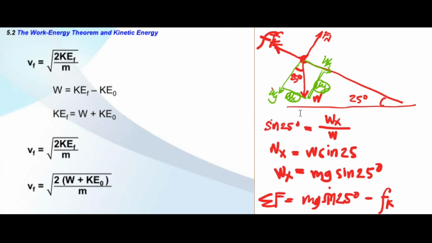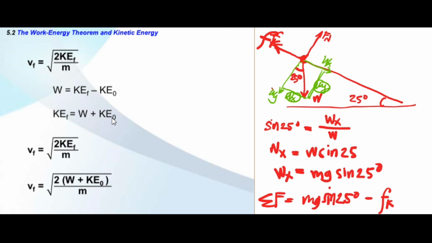Now, using our work energy theorem, work is equal to kinetic energy final minus kinetic energy initial. Rearranging, kinetic energy final is equal to work plus kinetic energy initial.